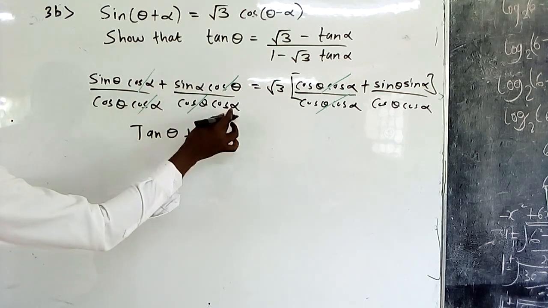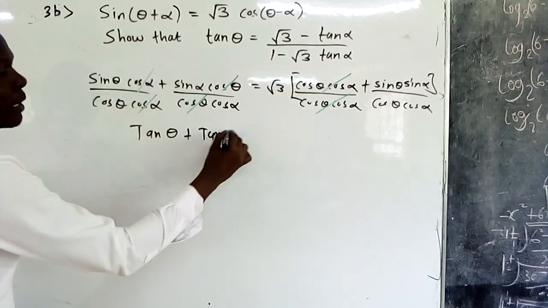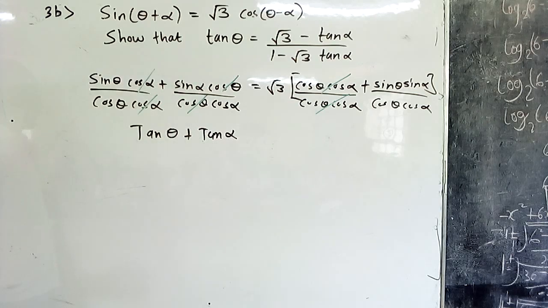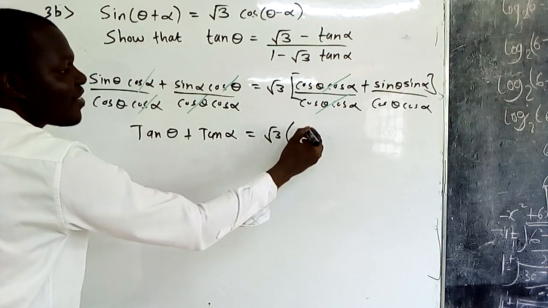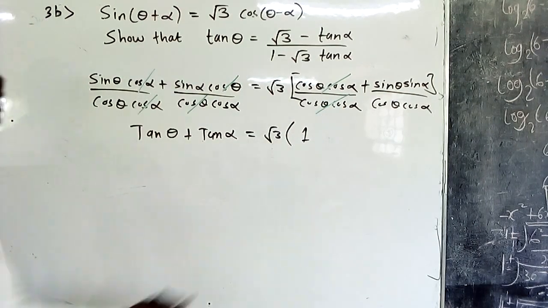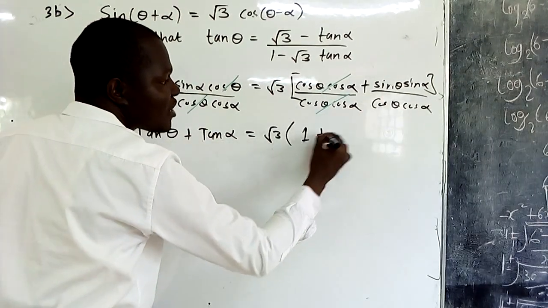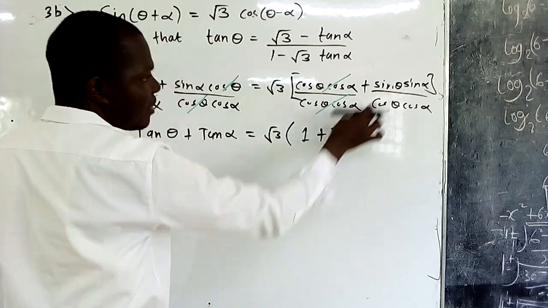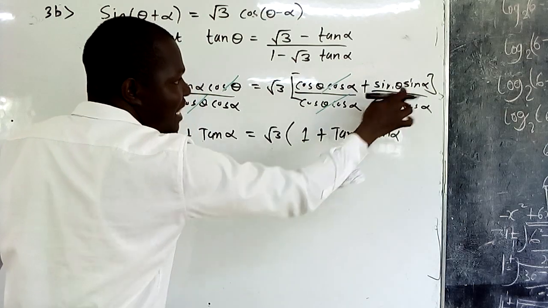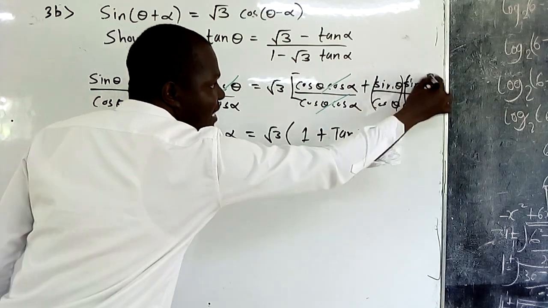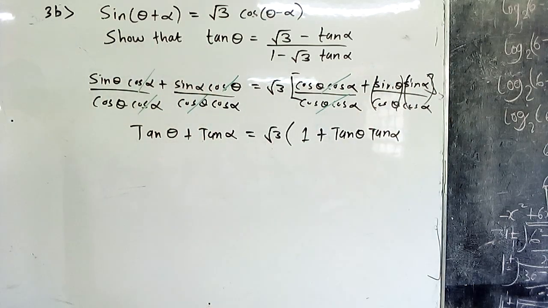Then plus sin α over cos α is tan α, isn't it? To be equal to, we have √3 inside the bracket. This over this is 1. Then plus sin θ over cos θ is tan, then sin α over cos α is tan. So that is tan θ times tan α, isn't it? Are we together?